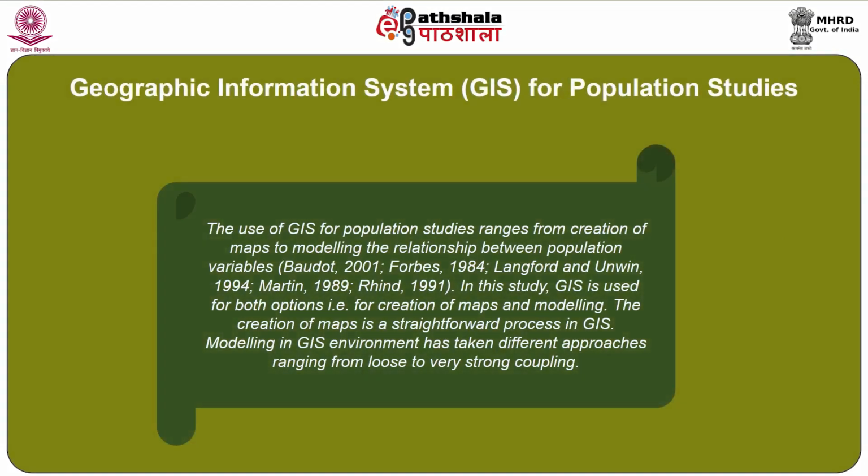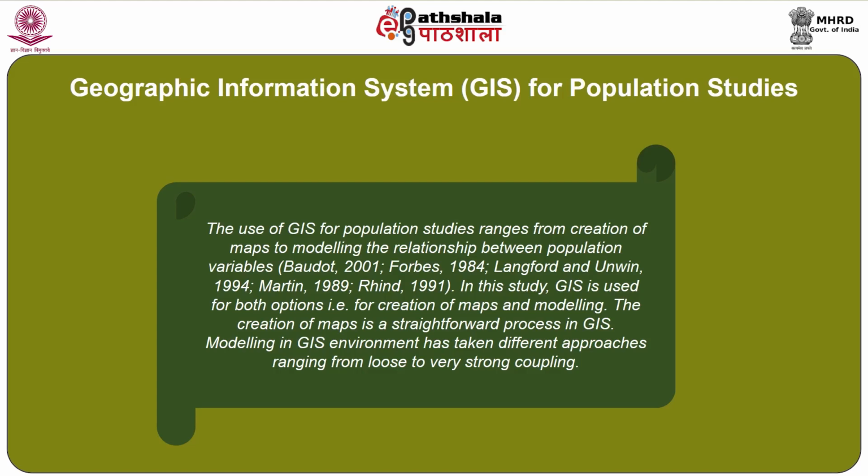Now we will discuss in detail the Geographic Information System for population studies. The use of GIS, Geographic Information System, for population studies ranges from creation of maps to modeling the relationship between population variables. Here, GIS is used for both options, that is, for creation of maps and modeling.